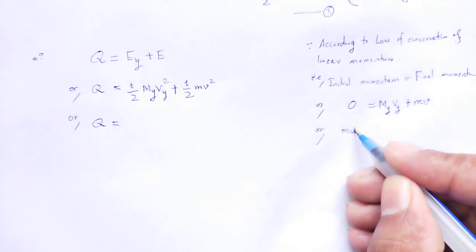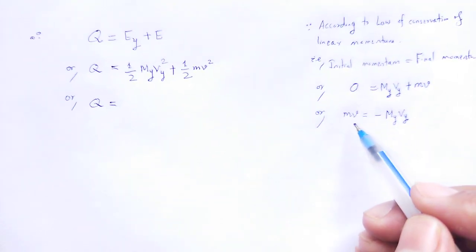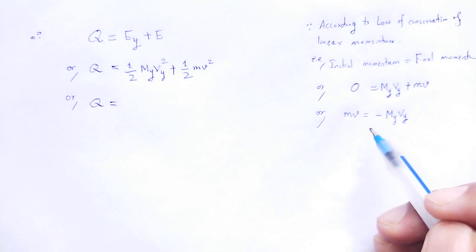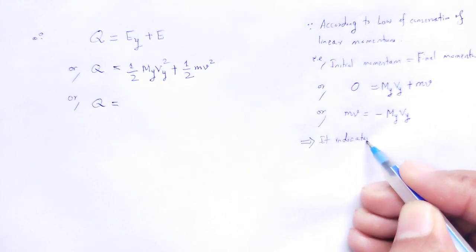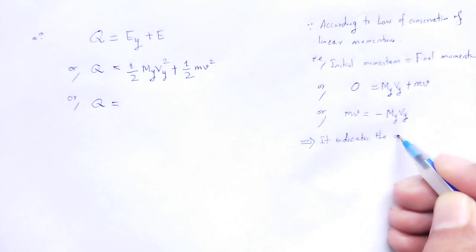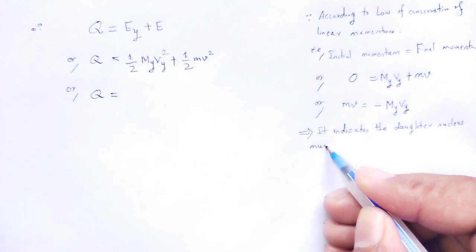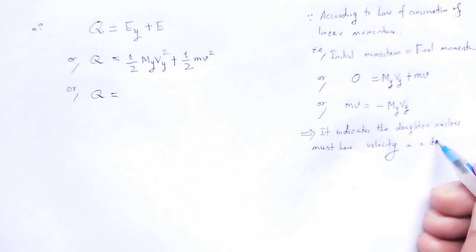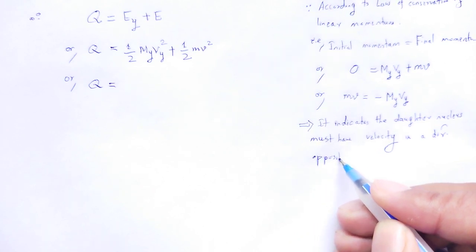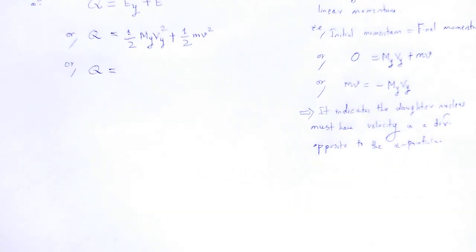Therefore, m v is equal to minus My Vy. That indicates the daughter nucleus must have velocity in the direction opposite to that of the alpha particle.